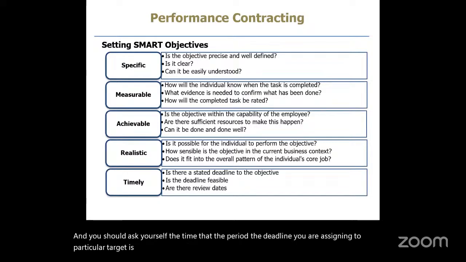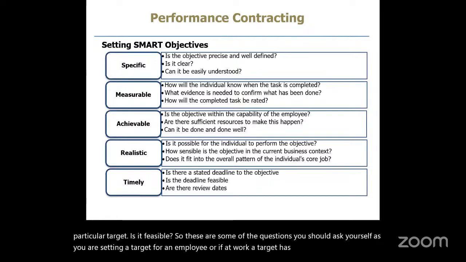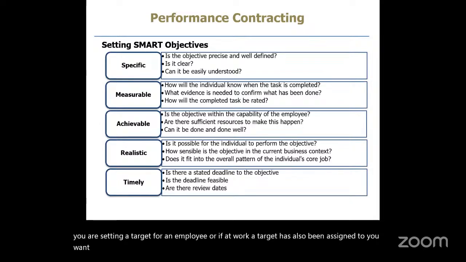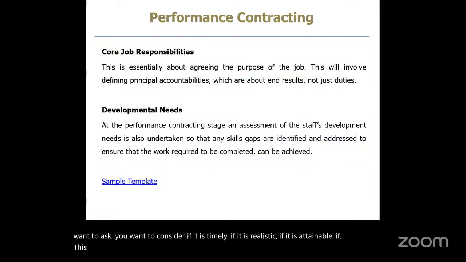So these are some of the questions you should ask yourself as you are setting a target for an employee, or if at work a target is also being assigned to you. You want to consider if it is timely, if it is realistic, if it's attainable, if it is specific, and if it is measurable.